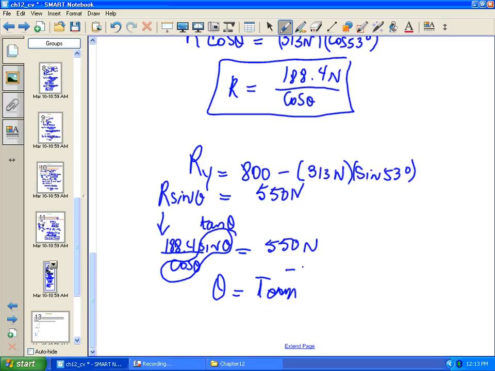The inverse tangent of 2.92 tells us that the angle is 71.1 degrees.